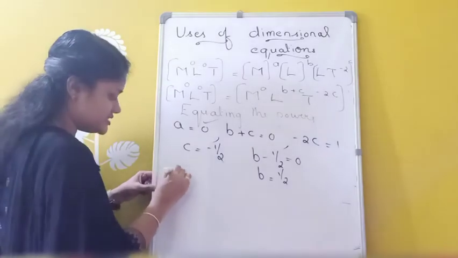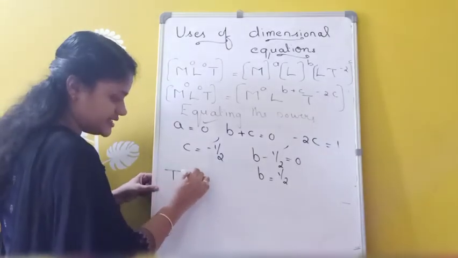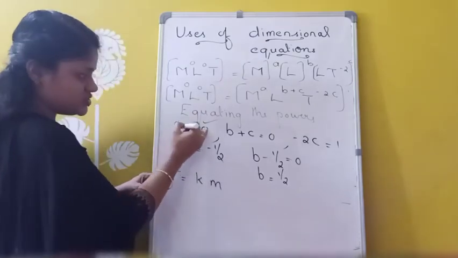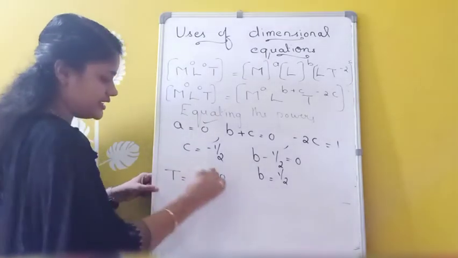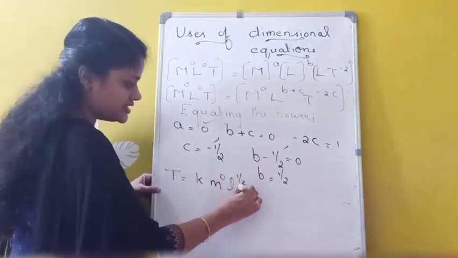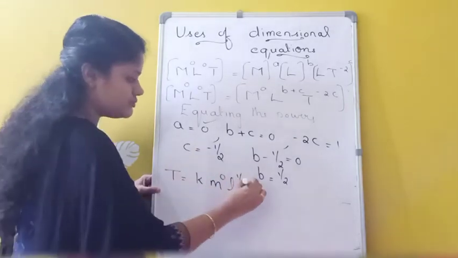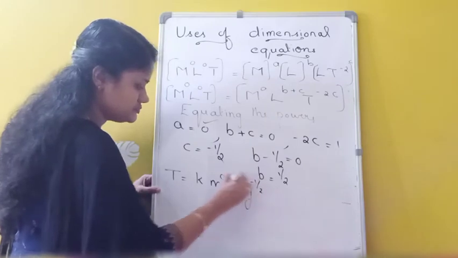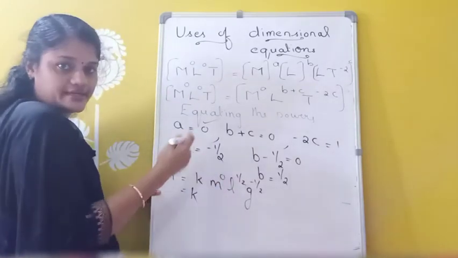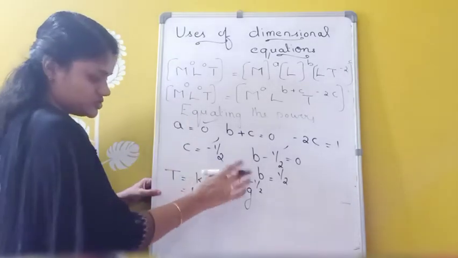So we have the formula T equals, k is a constant, k into M raised to a. M raised to a means M raised to 0. L raised to b, what is b here? 1 by 2. And g raised to c. What is c? Minus 1 by 2. That is equivalent to k into M raised to 0, and any quantity raised to 0 is 1.